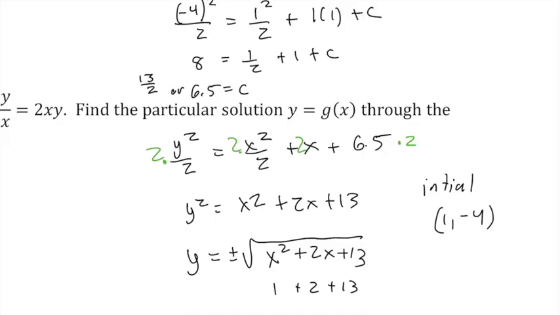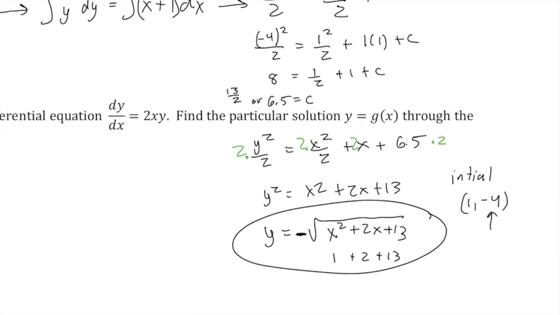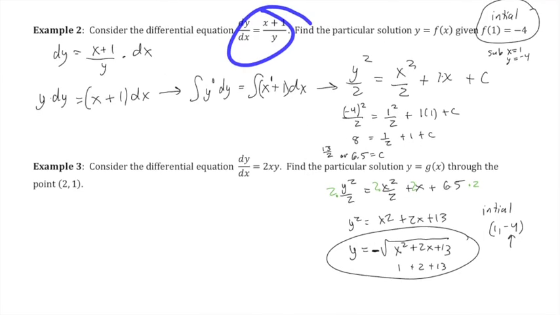So the square root of 16 is 4, but we're using negative 4. And again, it's because of this initial condition. So we're using the negative portion of it. And there you go. So that is the solution, or that is the equation that gives all the solutions to this differential equation.